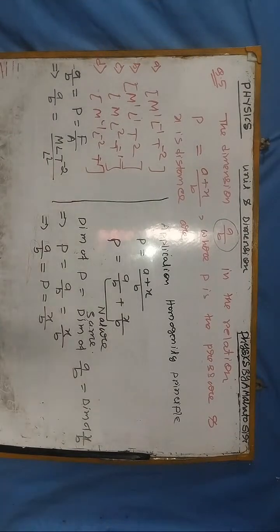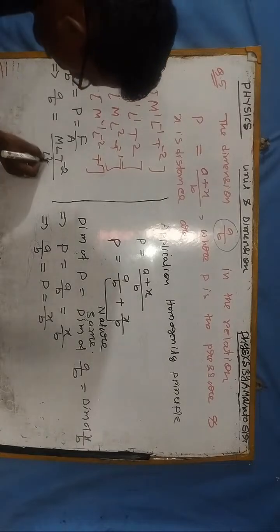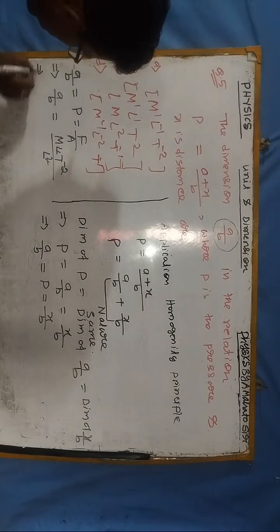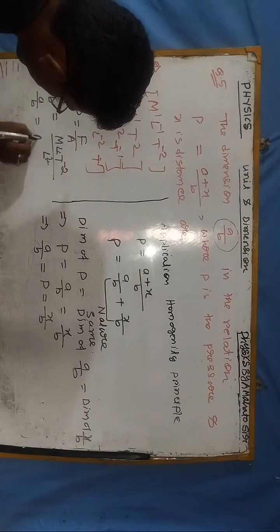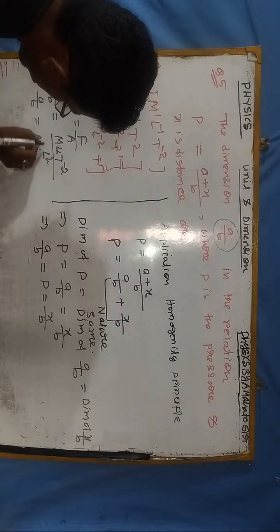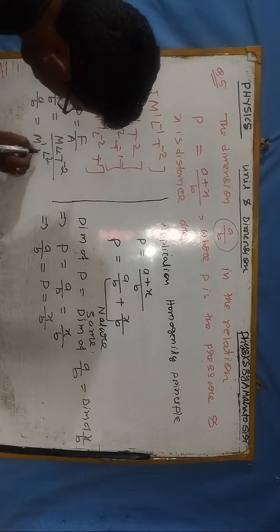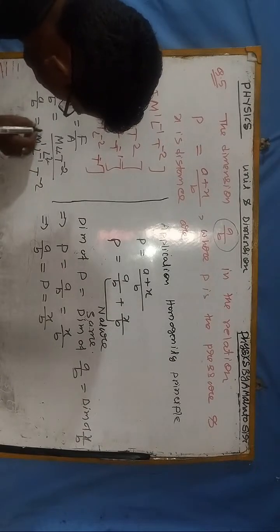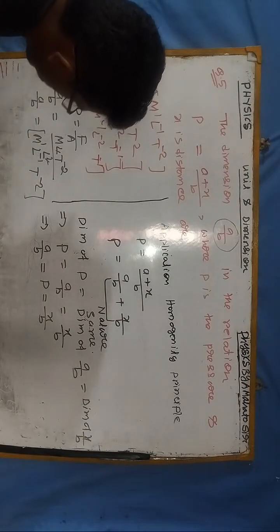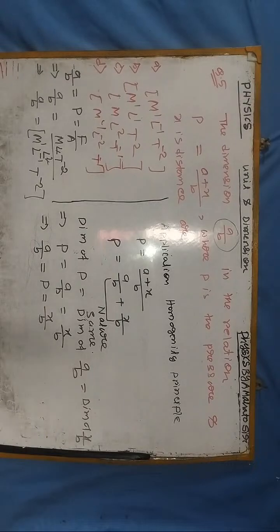So here L cancels, and A by B is M power 1 L power minus 1 T power minus 2. This is the required dimension.